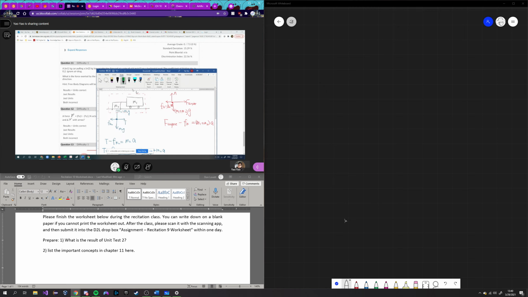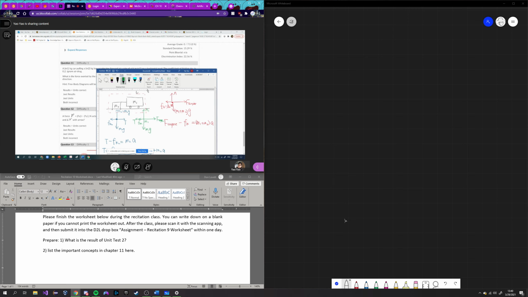If you pick M1 to analyze, you still can draw the free body diagram: Fk1, the tension force, and then the engine force. This is what happens to the car, right?